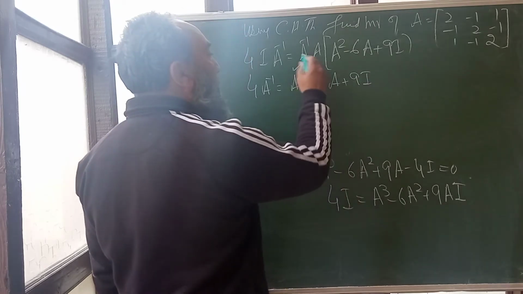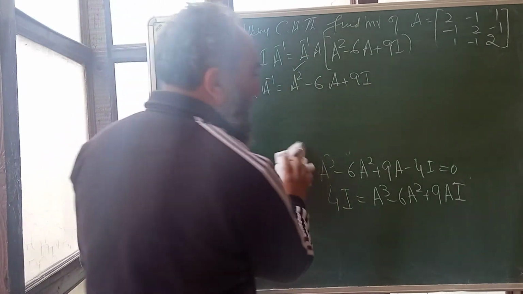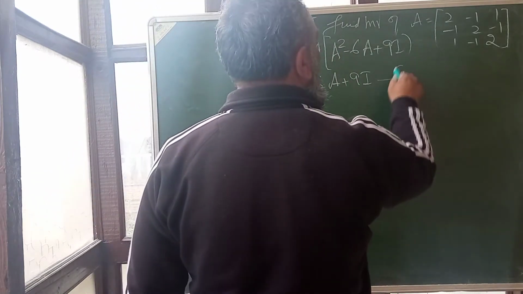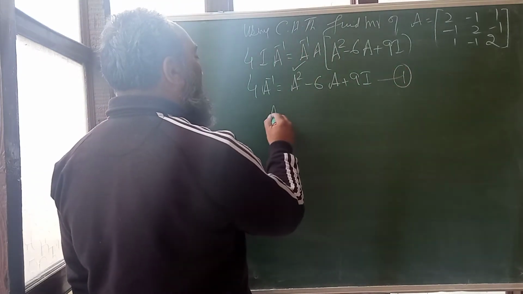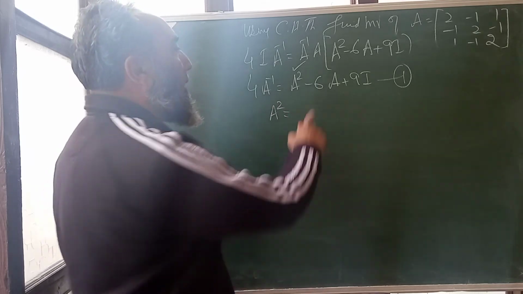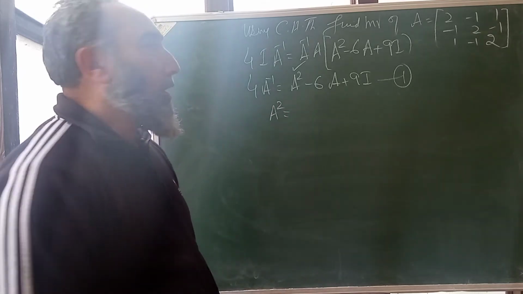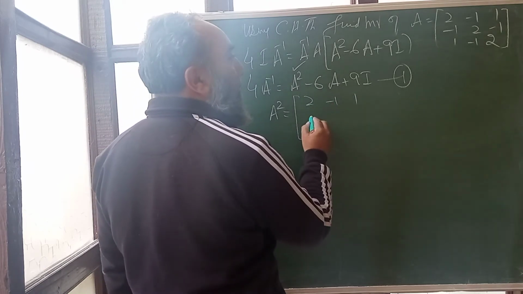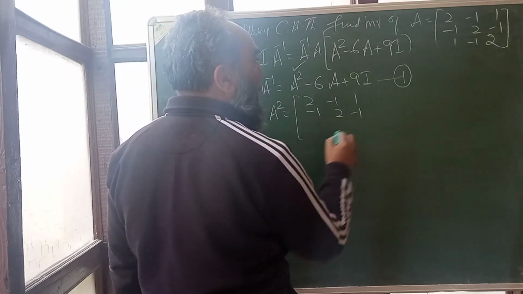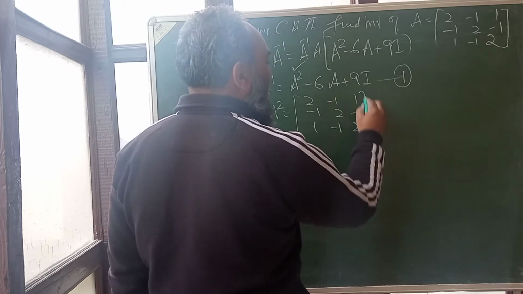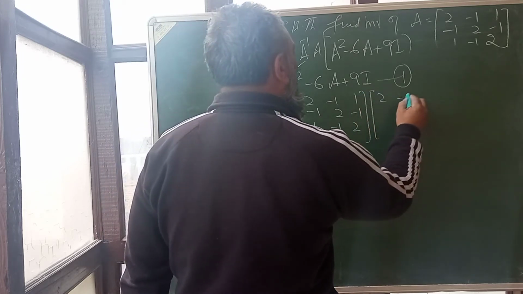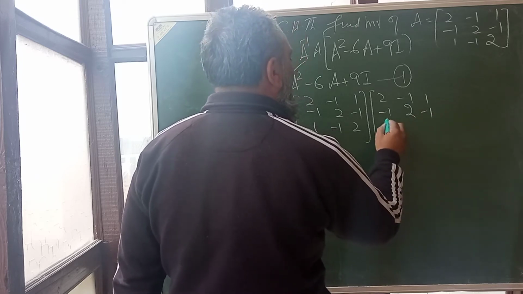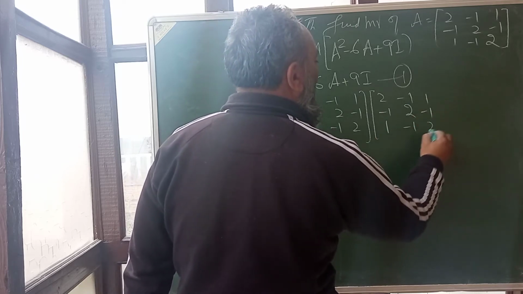Now let me find out what A square is, because I don't know A square. I know A, but I don't know A square. So A square will be the matrix 2, minus 1, 1; minus 1, 2, minus 1; 1, minus 1, 2 multiplied by itself.